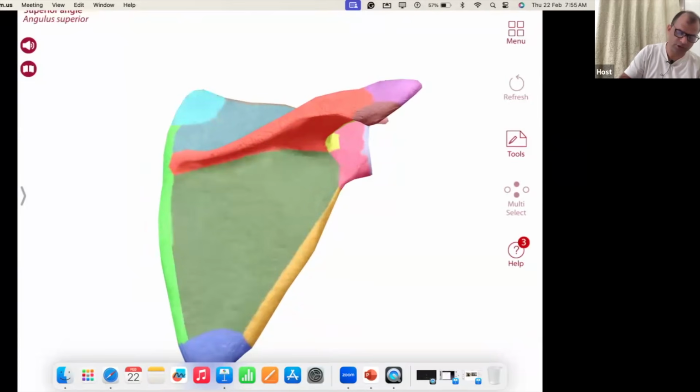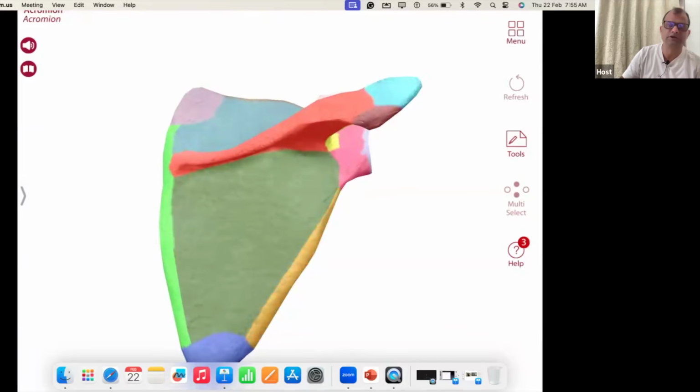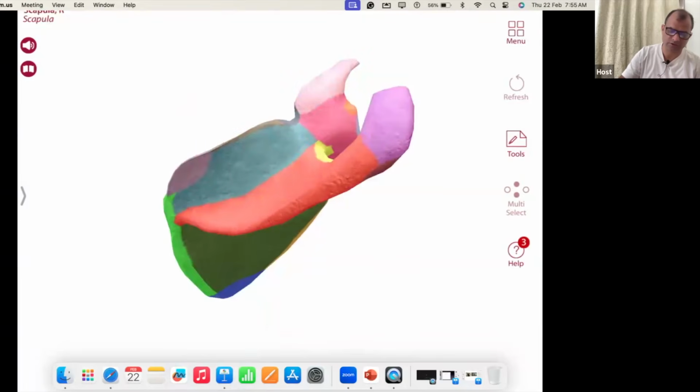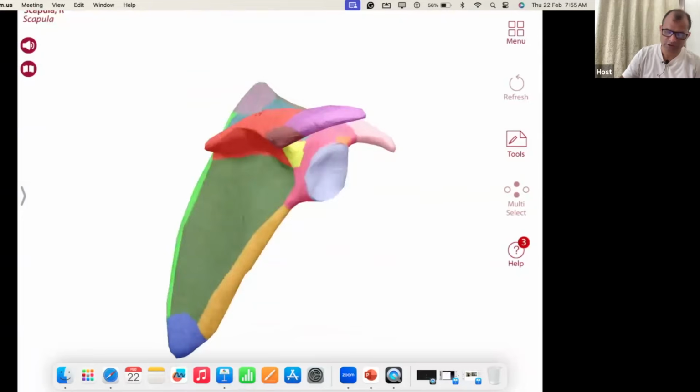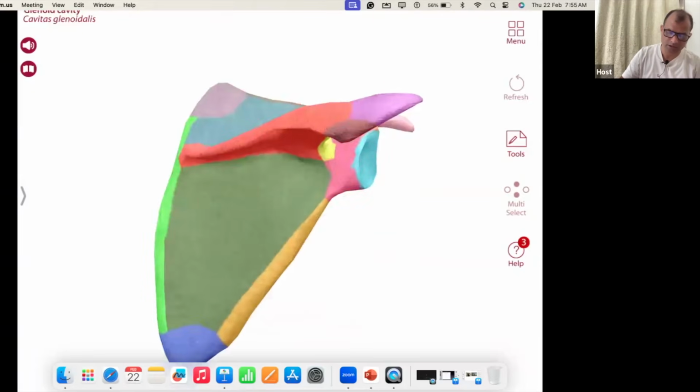This is the superior angle, inferior angle, medial border, lateral border. This is the acromion process, and this is the coracoid process, and this is the glenoid cavity, and this is the neck.